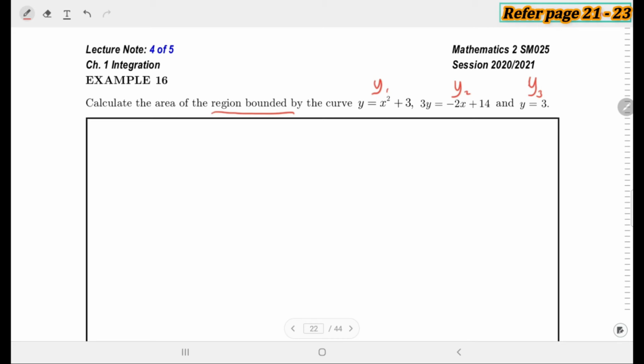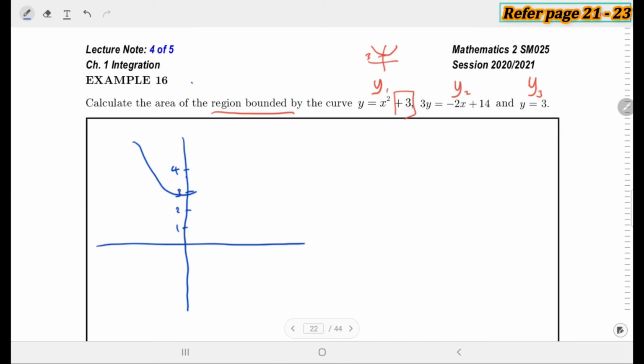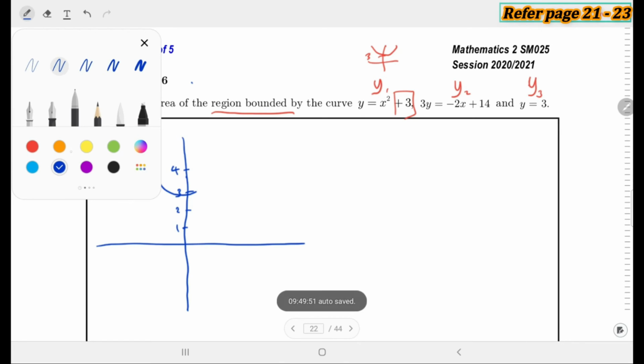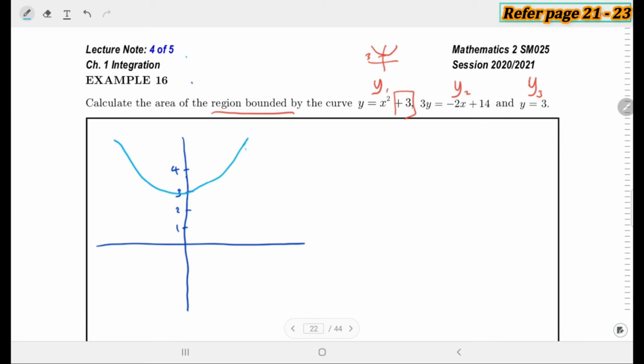Just a very simple sketching here. So we have y equals x squared plus 3, so this is a smiling graph which will cross the y-axis at the y-intercept 3. y2 has a negative gradient. So let's sketch. We know the first quadratic will intersect at 3. Take the blue one, something like that.